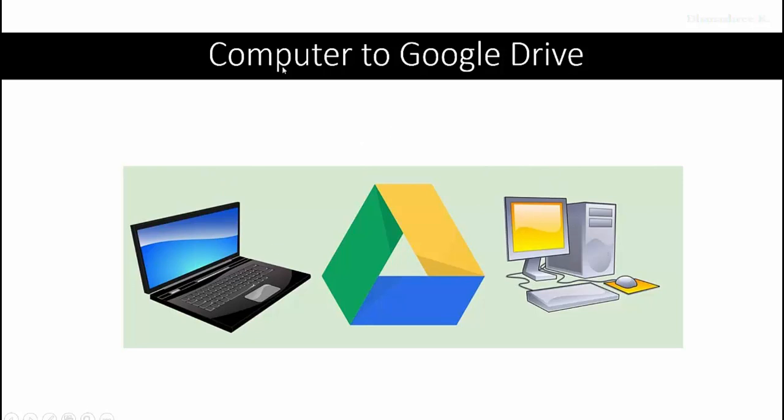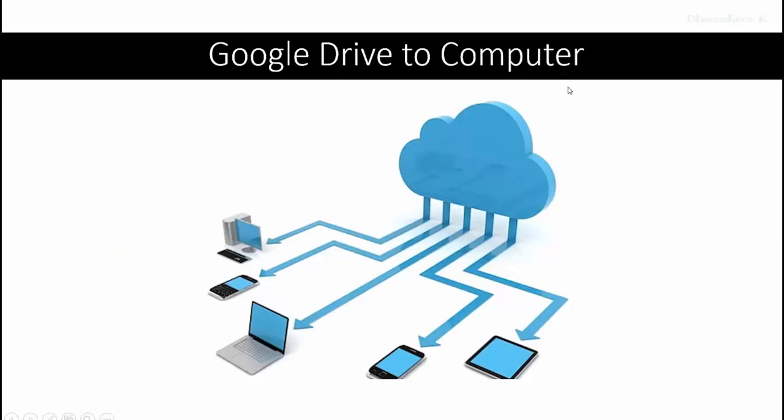In such cases, you will go for computer to Google Drive backup. But if you want to merge the data from your home PC and work PC, then you will go for Google Drive to computer. So depending on your requirement, select any one. I will explain both the methods in detail.